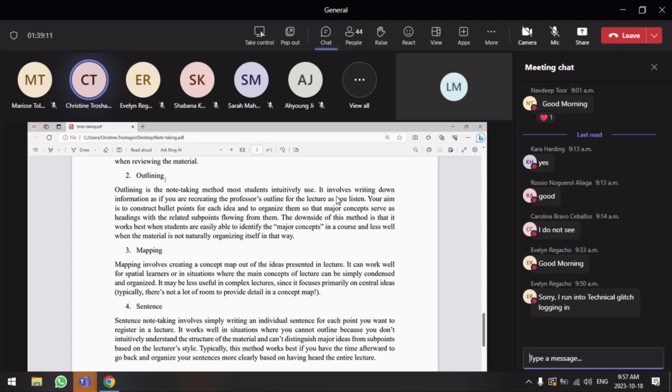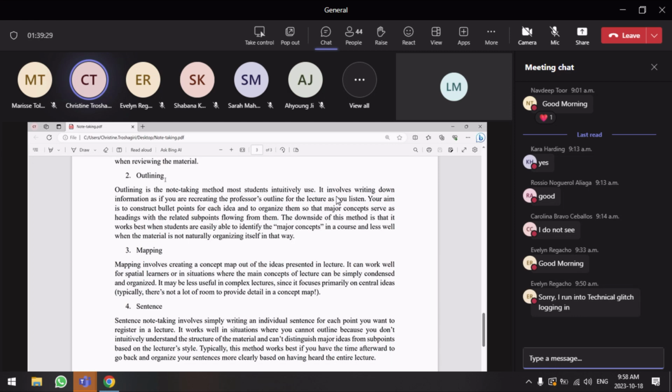So as I said, outlining is applicable for comprehensive courses such as the one which we are taking, student success strategies, because in this course you can simply say that those are common sense, which I already know. So it's not something which I need to write down.